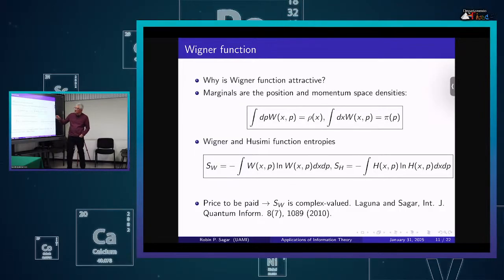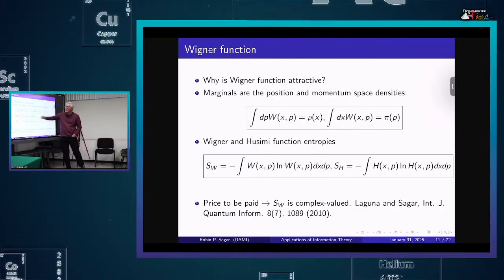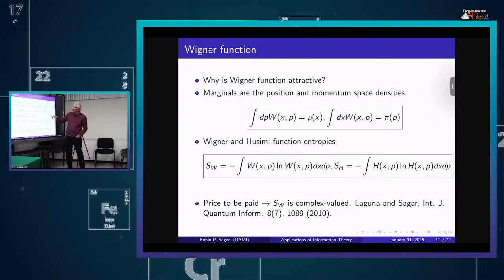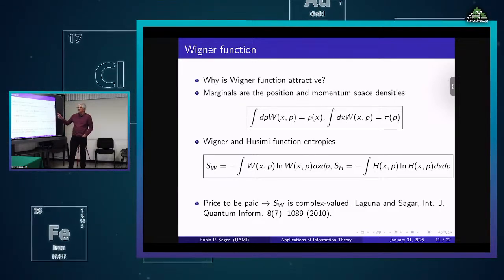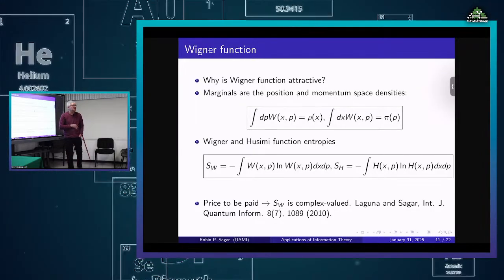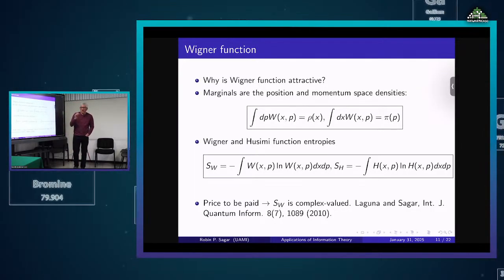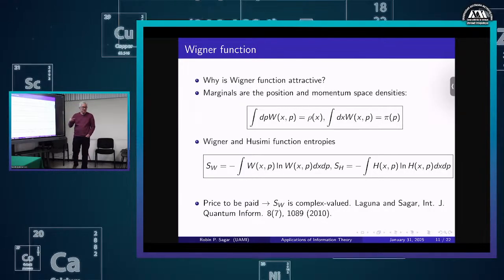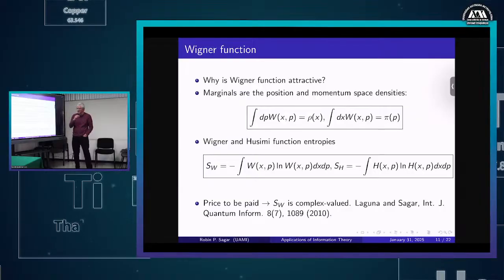If you integrate over the momentum, you get the position space density, and if you integrate over the position, you get the momentum space density. This doesn't happen for the Husimi function. Its marginals are not the position and momentum space densities.